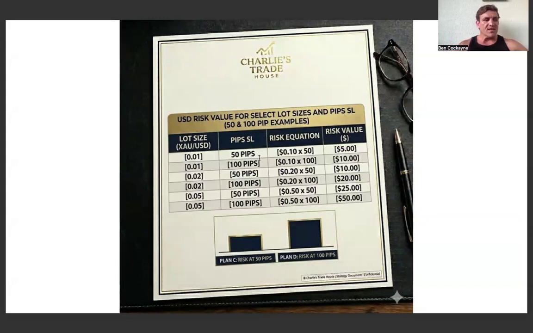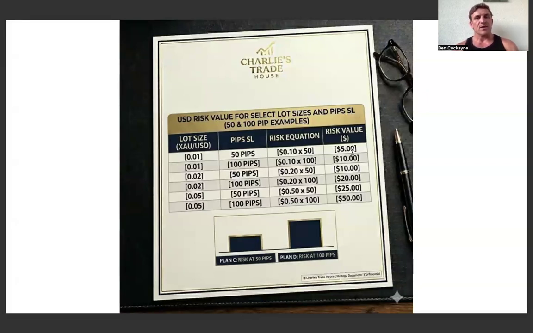So if you're risking a 0.01 on your lot size on the trading app, and the stop loss is going to be 50 pips, you know that you can potentially lose $5. So understanding the lot size and the pip amount is paramount if you're going to get a full understanding of what you're risking per trade.